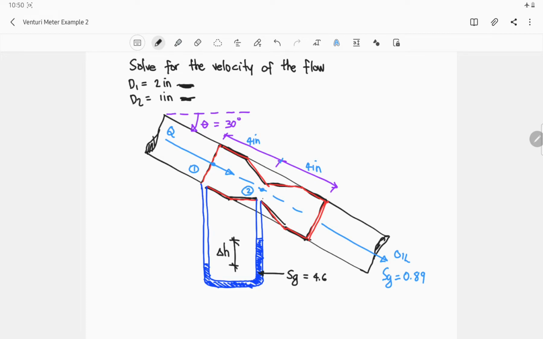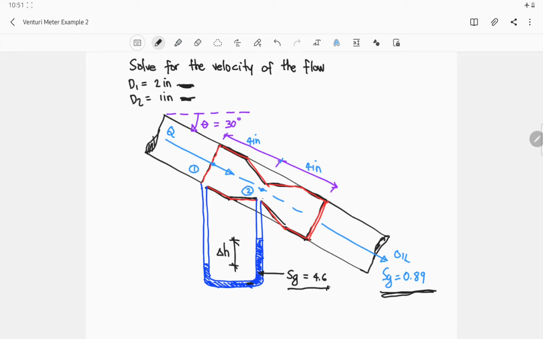By the way, the fluid flowing in our pipe is oil, which has a specific gravity of 0.89, and we have fluid in our differential manometer, which has a specific gravity of 4.6.